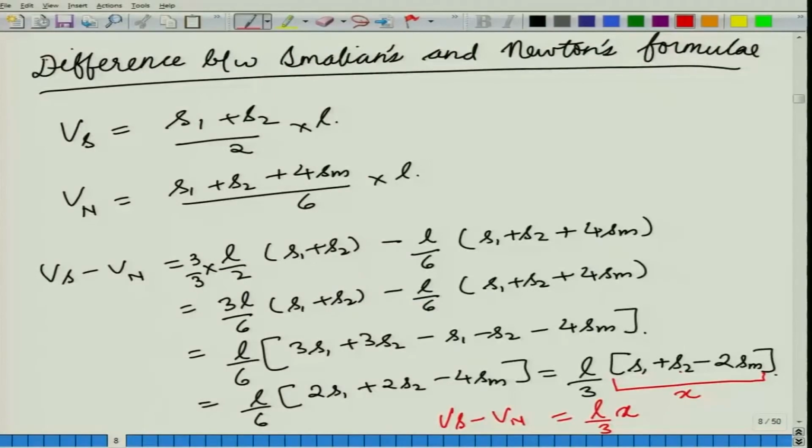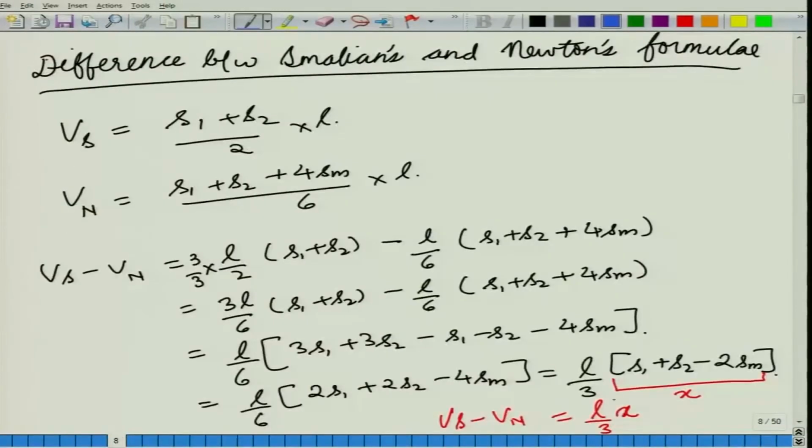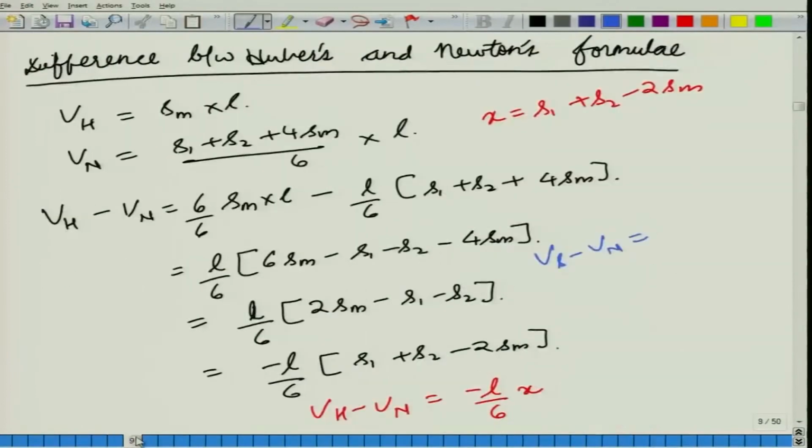So, putting it here, we have Vh minus Vn is minus L by 6 into x. So, what do we get here? We have Vs minus Vn is equal to Lx by 3, and Vh minus Vn is minus Lx by 6.